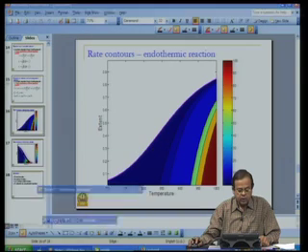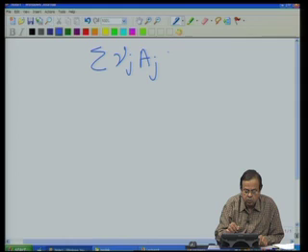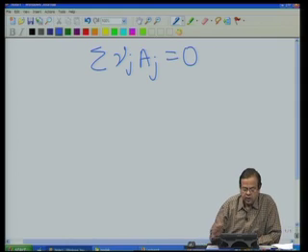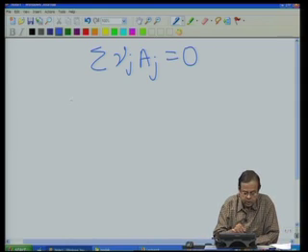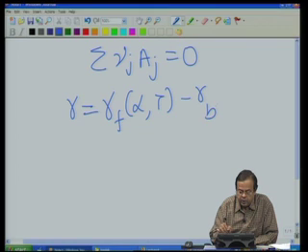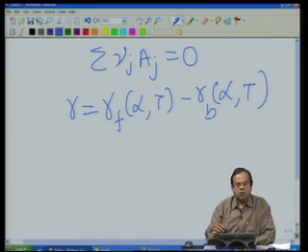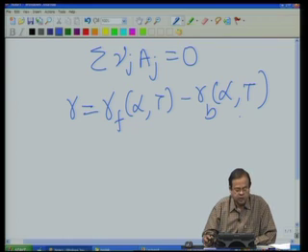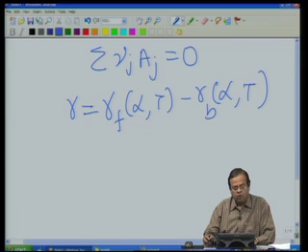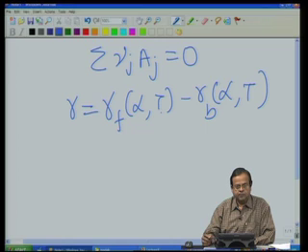Let us go back to our reaction, summation nu j A j equal to 0. The exercise just now showed us that we can express R as R f of alpha and T minus R b of alpha and T, the forward rate of reaction minus the backward reaction rate. Now, what we want to see is how this rate changes as alpha and T change.